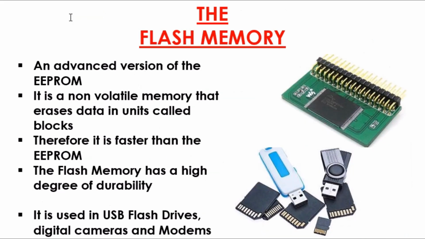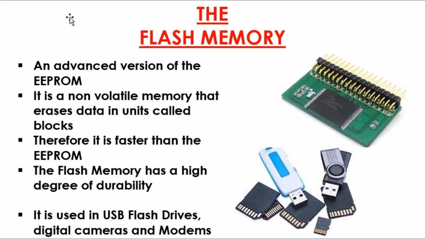We will now look at the final type of ROM, that is the flash memory. This is an advanced version of the EEPROM, and it is a non-volatile memory that erases data in units called blocks.